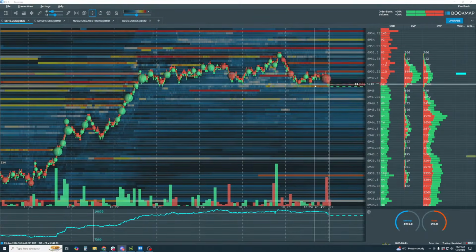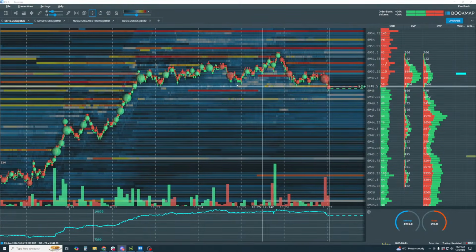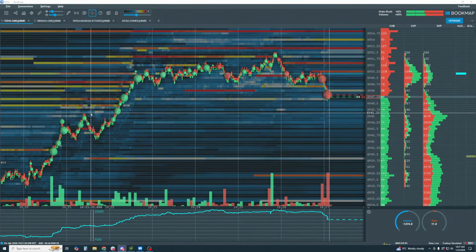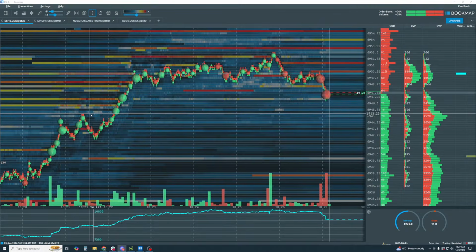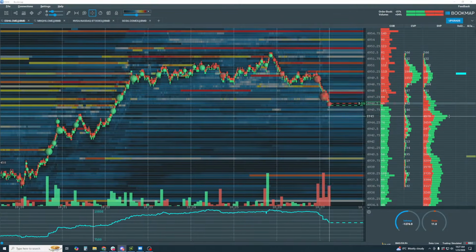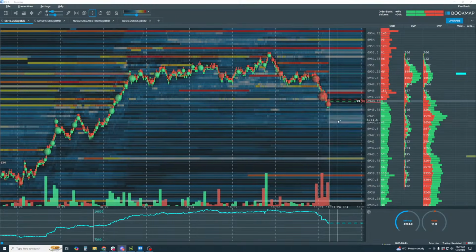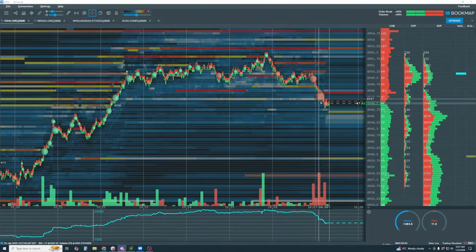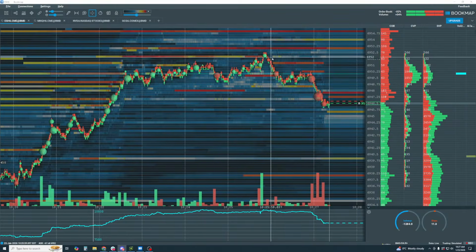Okay, if we do, and now we're starting to see that, we start to look at some of these levels like down here at this kind of swing here where it broke out from. And then start to look at, well, we have a high volume node there, but we also look at liquidity. Are there buyers down here at these levels that these sellers can interact with?